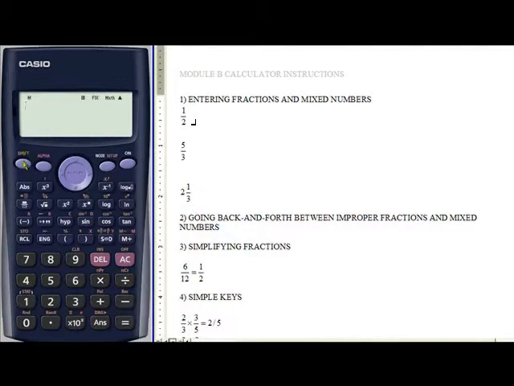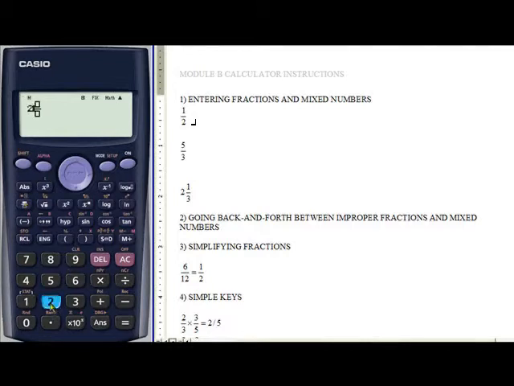This time you have to push Shift key so that you have the mixed numbers. So you go 2 and then go up 1. Oops. Let's go back here. All right, let me do this again.